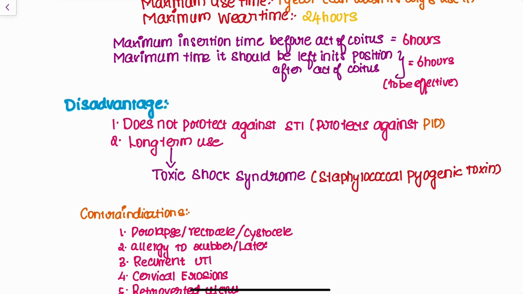The diaphragm, as a barrier contraceptive, only prevents the further ascent of the sperm. It does not prevent the deposit of sperm, but it prevents the further ascent of the sperm into the uterine cavity. Therefore, if they have the act of coitus, they can't be protected from sexually transmitted infection.